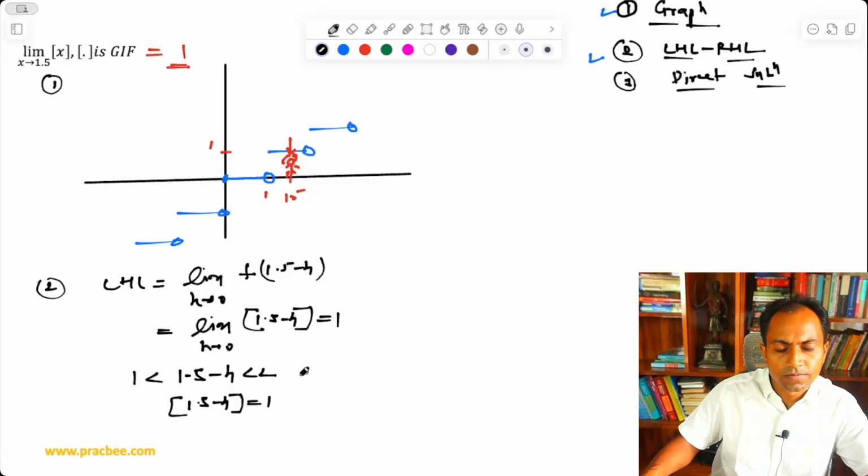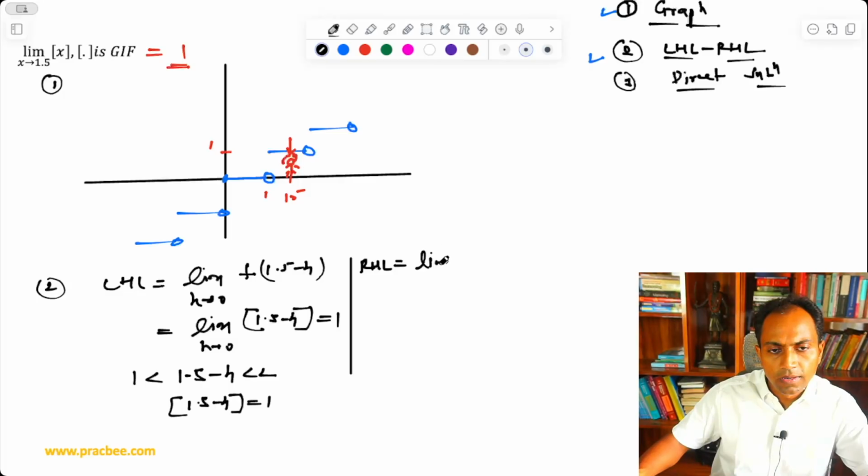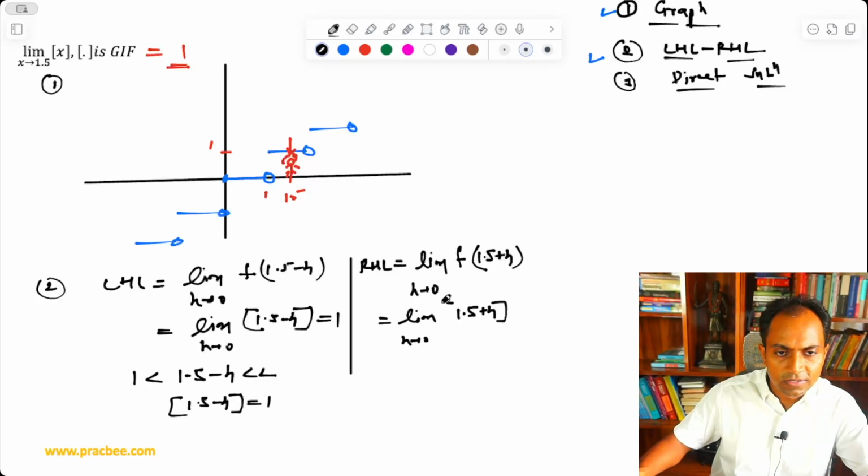Answer becomes 1. Similarly, if I want to do RHL, let me draw a line, limit h tends to 0, f of 1.5 plus h, and now this will become limit h tends to 0, greatest integer function of 1.5 plus h. The value inside lies again between 1 and 2 because h is a very small quantity.